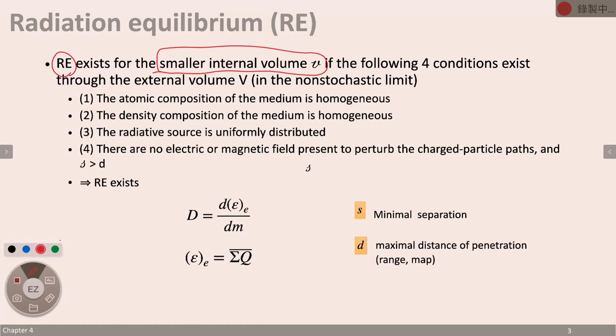This is a small volume V, and if the following four conditions are achieved, then radiation equilibrium is achieved. The first one is the medium is homogeneous.